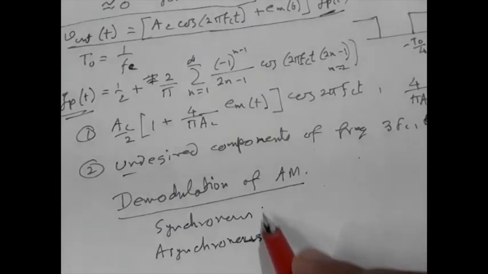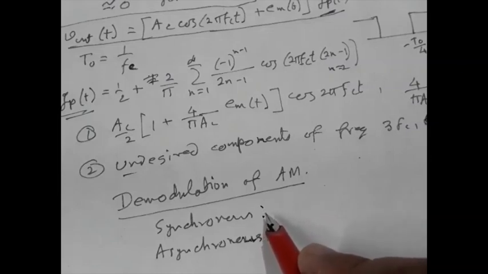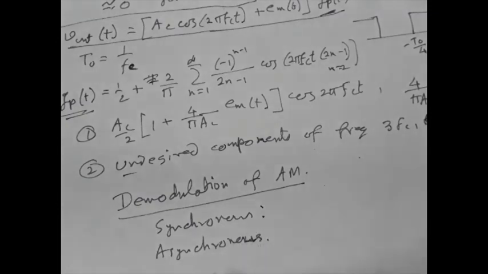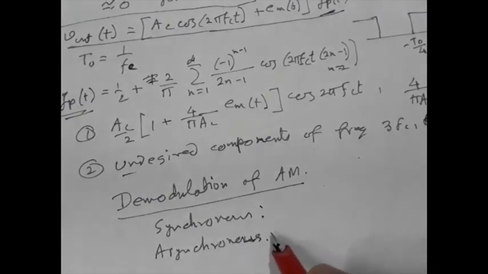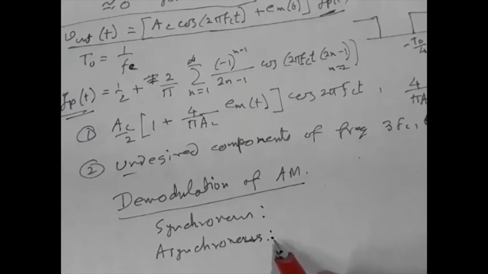In synchronous demodulation, generally we have an oscillator at the receiver side, and that oscillator should produce a signal that is well synchronized with the incoming carrier. But for asynchronous detector or demodulator, we don't require such oscillator or synchronized oscillator at the receiver.